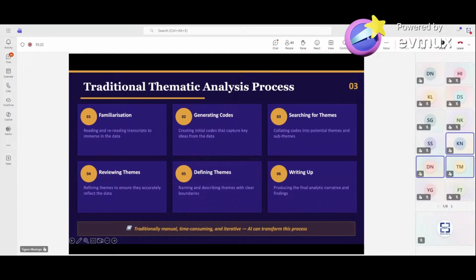There's NVivo, there's Atlas on ChatGPT. So in as much as all those tools are necessary, that whole fragmented way of conducting your thematic analysis doesn't need to happen on different platforms anymore, right? Because that process was fragmented.